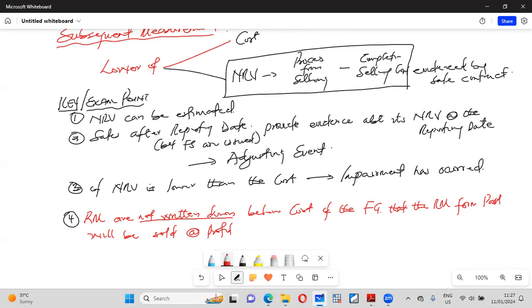So long as the raw material forms part of the finished goods that will be sold at a profit, that raw material cannot be written down. All right. So that is that.